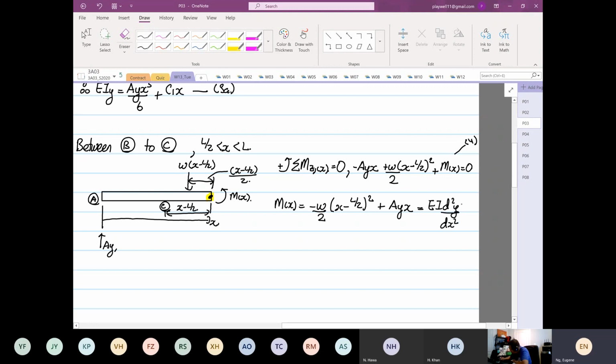Okay, so this is your equation for A. So far so good. Anyone have question? You guys are okay, right? So this is our equation for A.